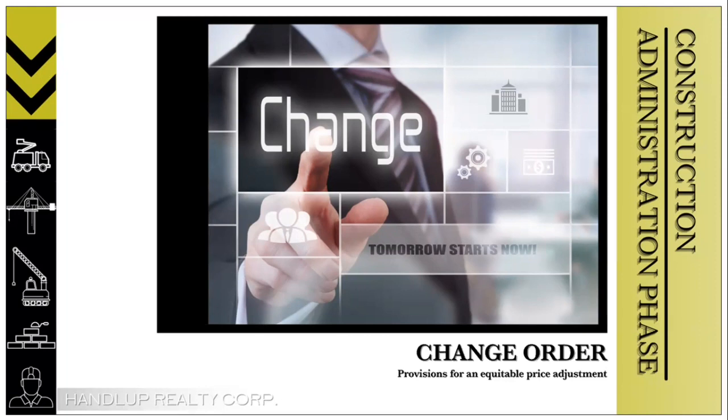So here, we have to agree on how much the price adjustment should be. Note that change orders refer to minor changes in the project. Whenever the project requires significant modifications, the contract must be modified, and the modifications are to be mutually agreed upon between us and the contractor.